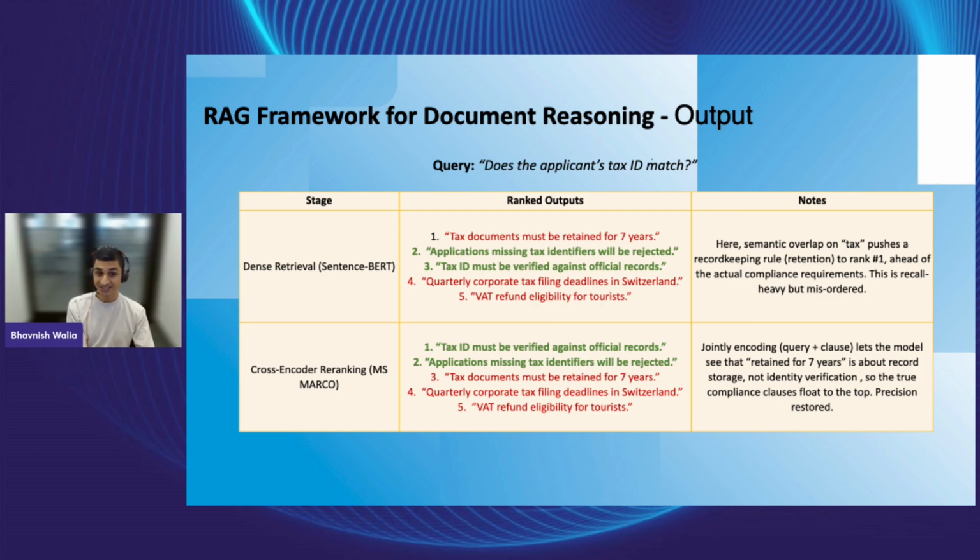In this case, "the tax ID must be verified against official records" is relevant. "Applications missing tax identifiers will be rejected" is important, and that's the reason it's pulled up.